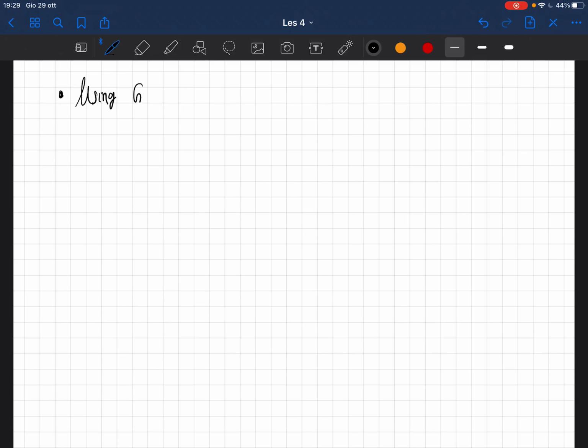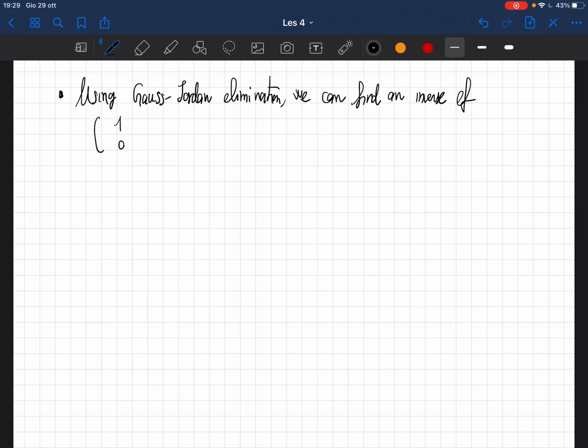Let's be detailed using an inverse of A. So if you want, 1 1 0 0, write like this if you want.